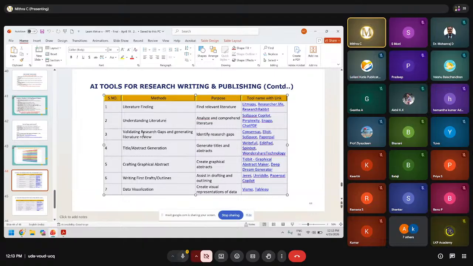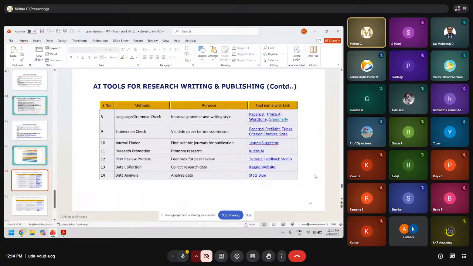Next, for research gap identification, SciSpace and Consensus. For title generation, Rightful, EditPad, even Spinbot will work well. For crafting the graphical abstract, as I have mentioned, Deep Dream Generator is also fine. For writing a first draft or outline of the paper, if you want some assistance with drafting, Jenni and Paperpal can be used. For data visualization and graph generation, you can use Visme and Tableau.